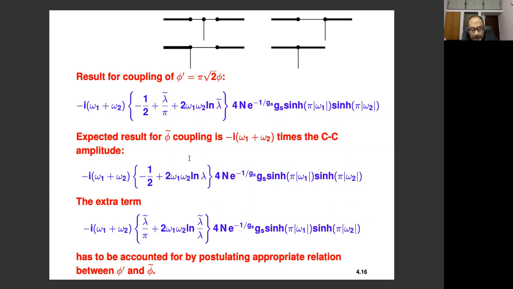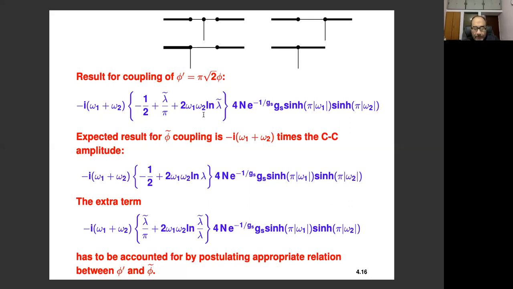This was the formula for F that we found. And this is the normalization that you have to put in, because everything was normalized by the product of 2 disk 1-point functions. So I have put them in here: 2 sinh pi omega 1 times 2 sinh pi omega 2, and then N e to the minus 1 over gs times gs.